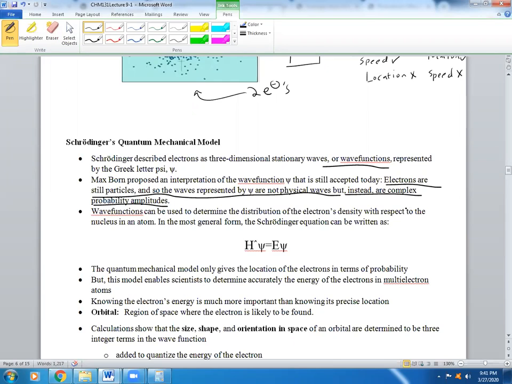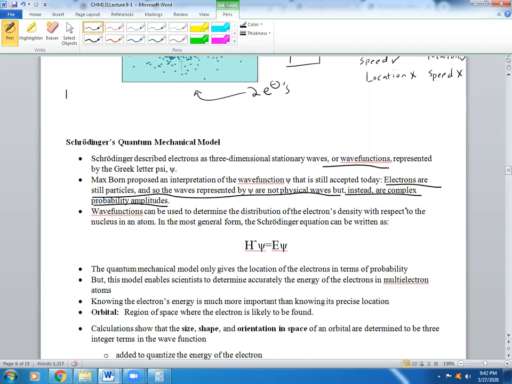So what it's saying to you is, instead of just believing that you can determine where the electron is at a given point, it is better to simply say, okay, I'm going to use a probability based on the energy of the electron.